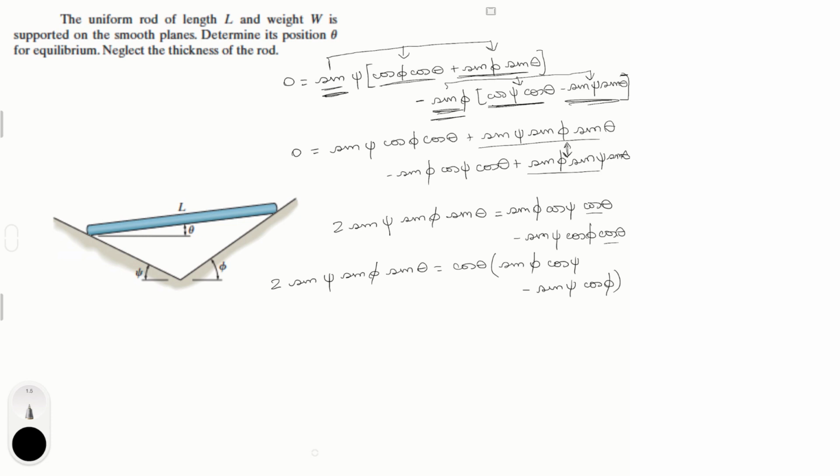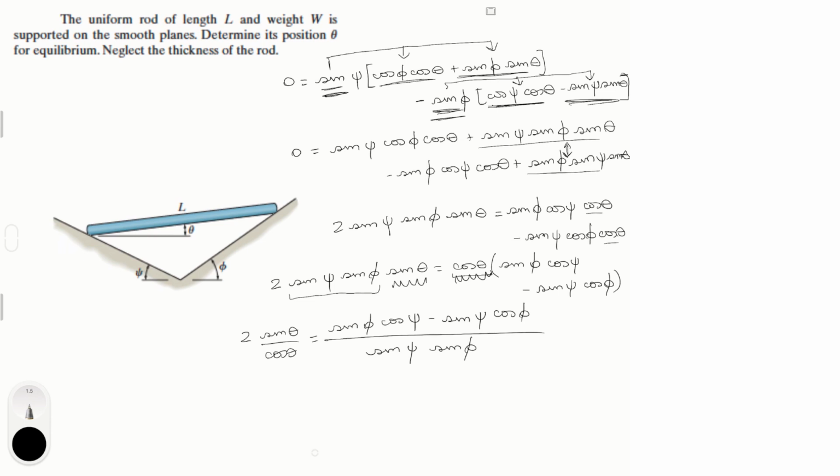Now I'm going to send this cosine of theta to the other side, dividing, and I'm going to send these two terms to the right, dividing. And it's going to look something like this. 2 sine of theta, because this term stayed, over cosine of theta, because this term went to the other side, is equal to sine of phi cosine of psi minus sine of psi cosine of phi all over sine of psi sine of phi.